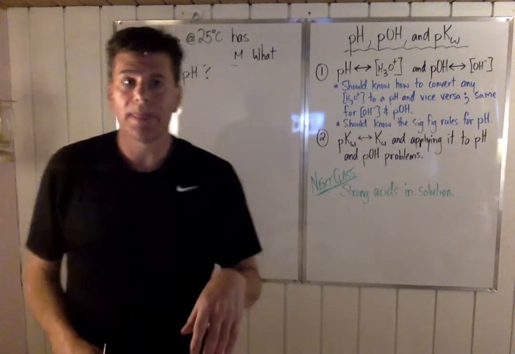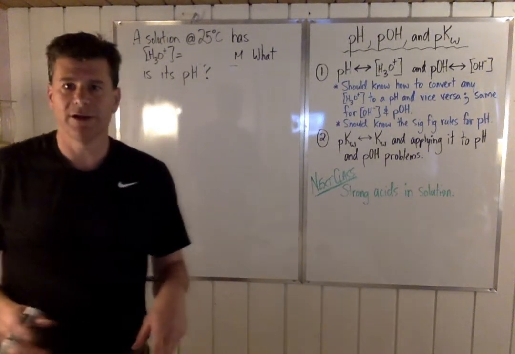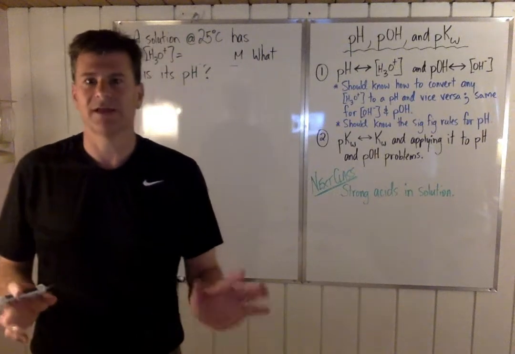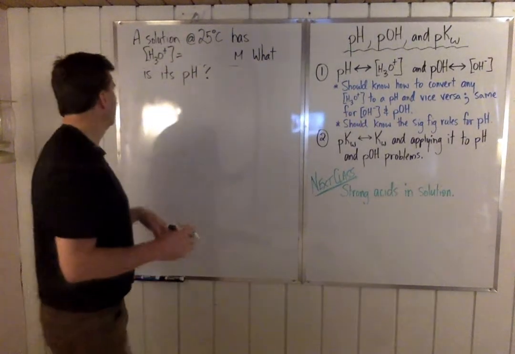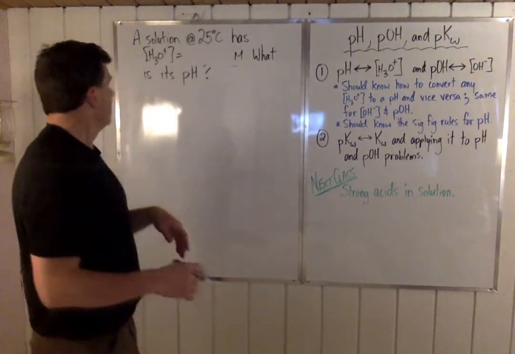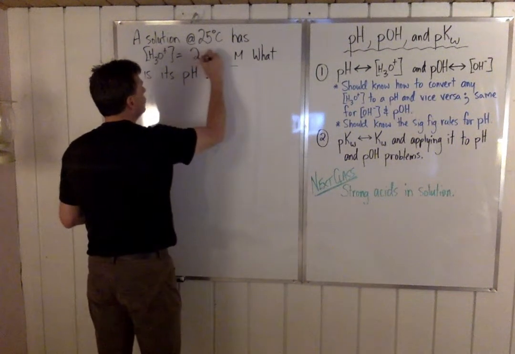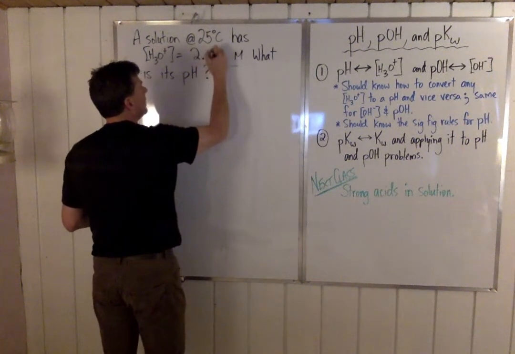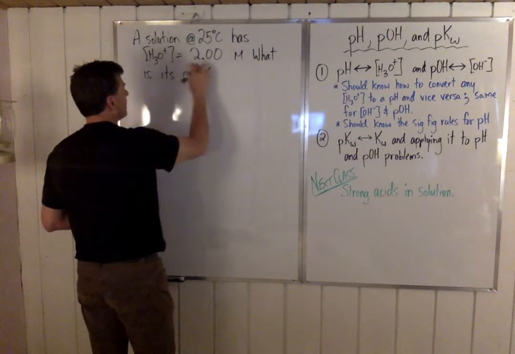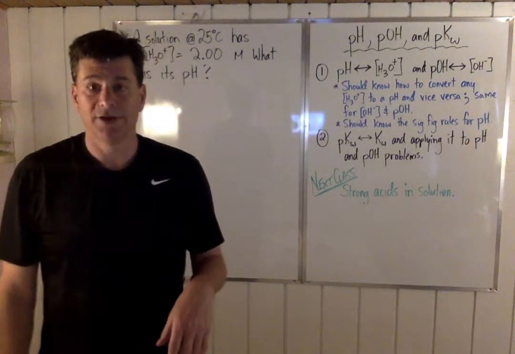Okay, so here's the next one. Okay, I've changed my mind because we did a lot on that one, so I think it's fairly clear, and we'll practice this a little bit more. But I'm going to give you a strange one. Let's say you have a solution at 25 degrees, and the hydronium concentration is 2.00, 2 molar hydronium.